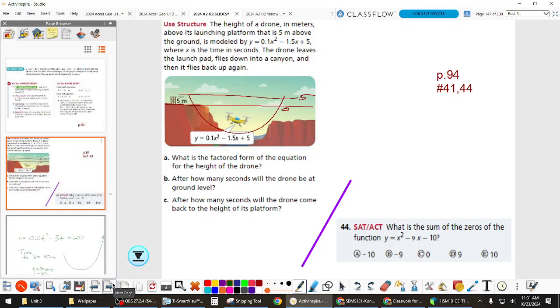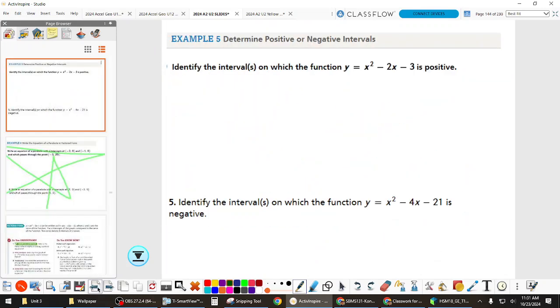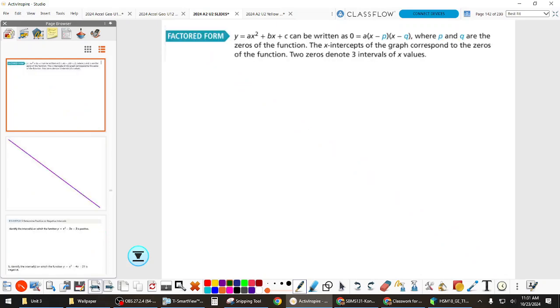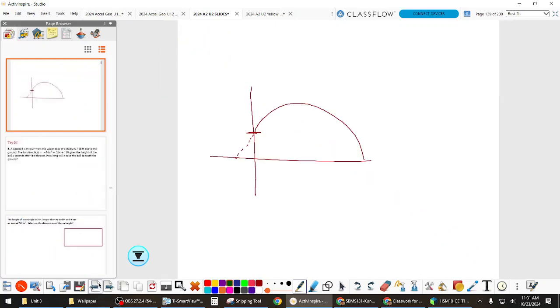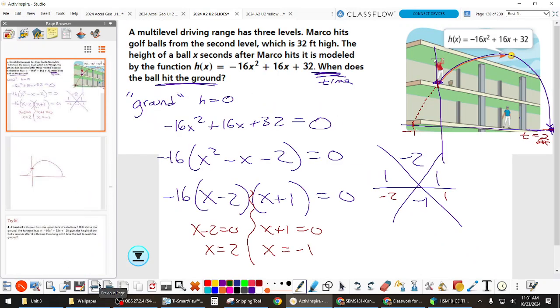Also, our warm-up problem, this one, you could punch this in. This one asks, when does it hit the ground? So in your calculator, are you doing 0 or intersection? 0. So you could check your solutions with your calculator with that kind of problem.